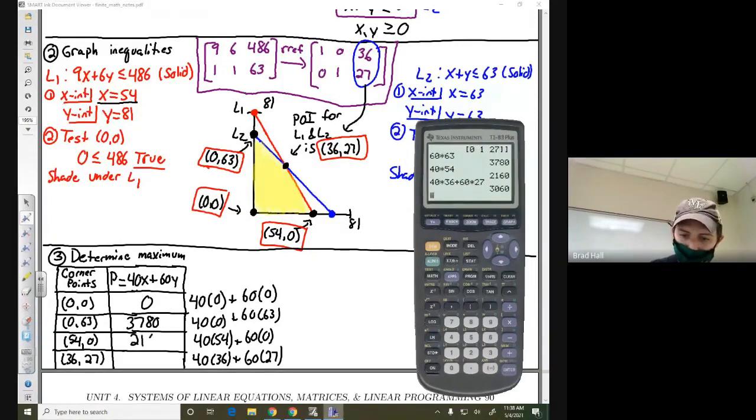We get 3,780, 2,160, 3,060. So those are the four.